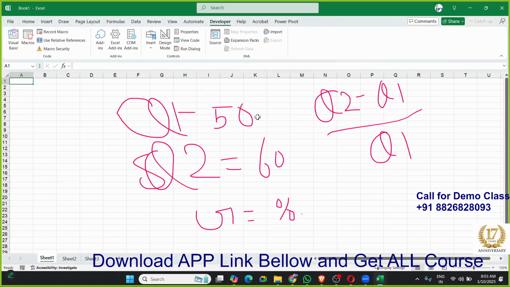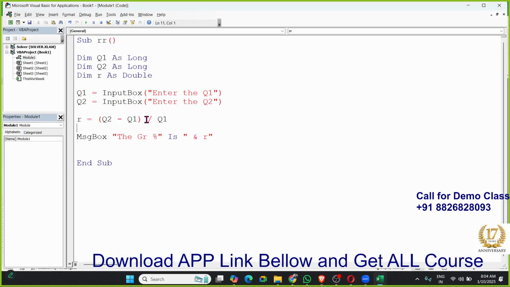The formula says if you want growth, first get the difference between the latest and the oldest, and divide by the oldest.